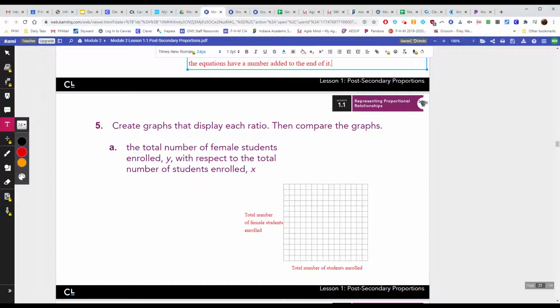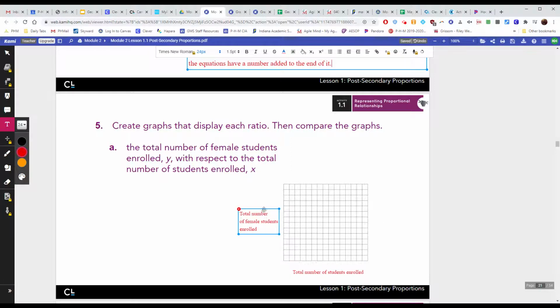So in part A, I'm now on page M2-11 of your book, so please do this with me. Total number of female students enrolled, Y. So that's why I labeled the Y-axis the total number of female students, because it told me that was Y. With respect to the total number of students enrolled, X. So that's the X-axis.